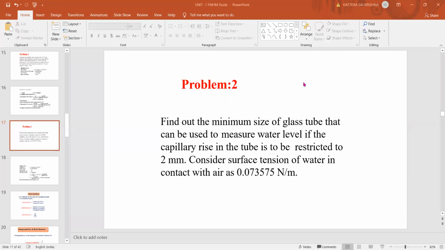Consider surface tension of water in contact with air is 0.073575 Newton per meter. Right. So what we need to find?